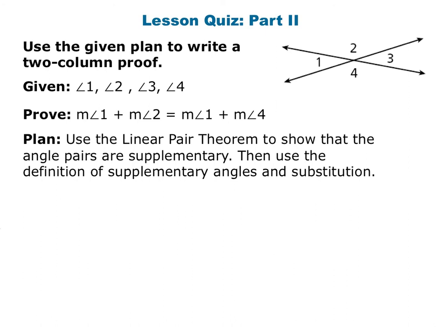Now you might wonder which linear pair you want to work with. Look at what you're trying to prove. So if you can get 1 and 2 being a linear pair and 1 and 4 being a linear pair, that's probably going to help.